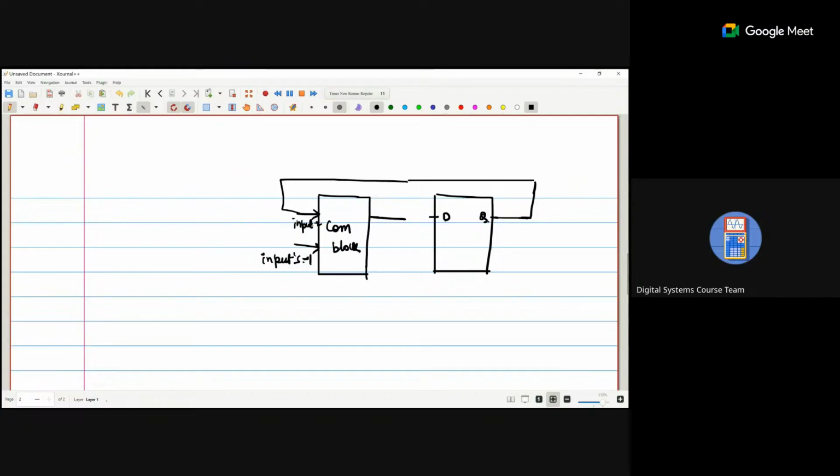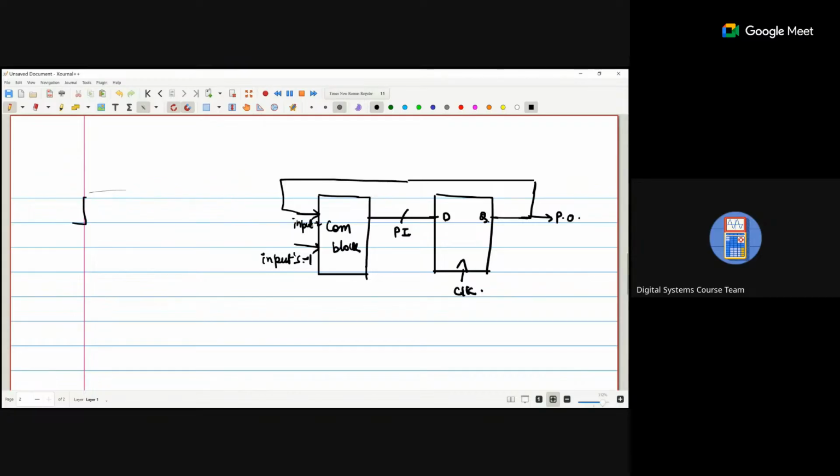With the output of the combinational block, we connect a T, that is the clock. Here we say it is a present input, and here we say that it is a present output.